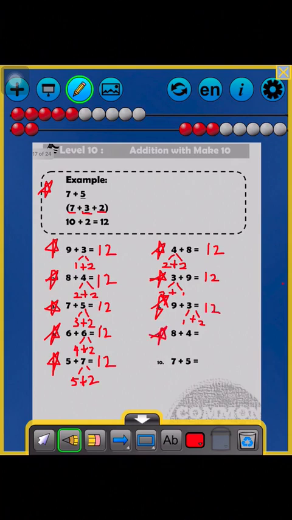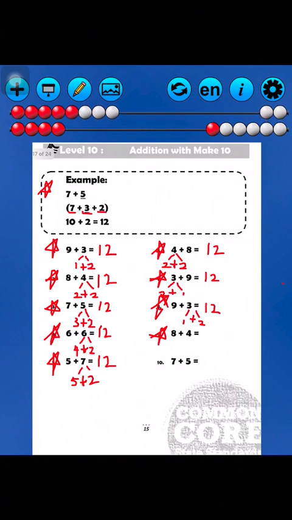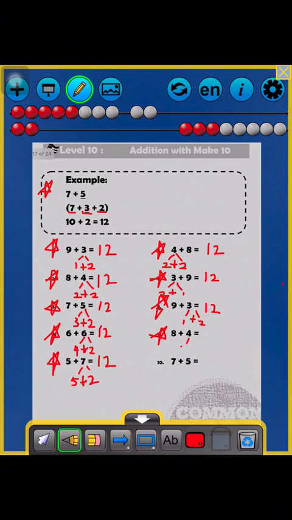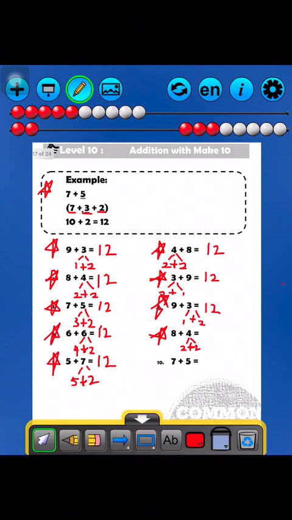And then we have 8 plus 4. 8 plus 2 equals to 10. So we take away 2 from the 4 and give it to 8. So we have 8 plus 2 plus 2. Which equals to 10 and 2, 12.